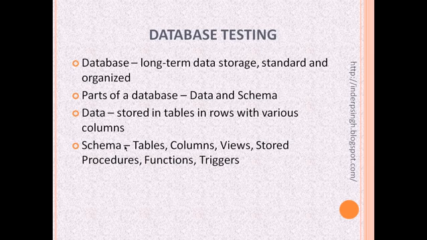Along with tables and columns, there are other parts of the schema, and these are views, stored procedures, functions, and triggers. We will look at examples for each of these schema objects. But put very simply, a view is a section of the database.